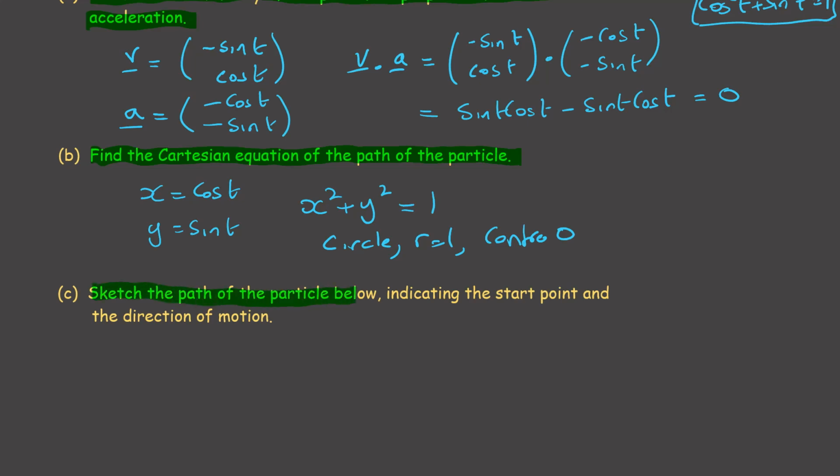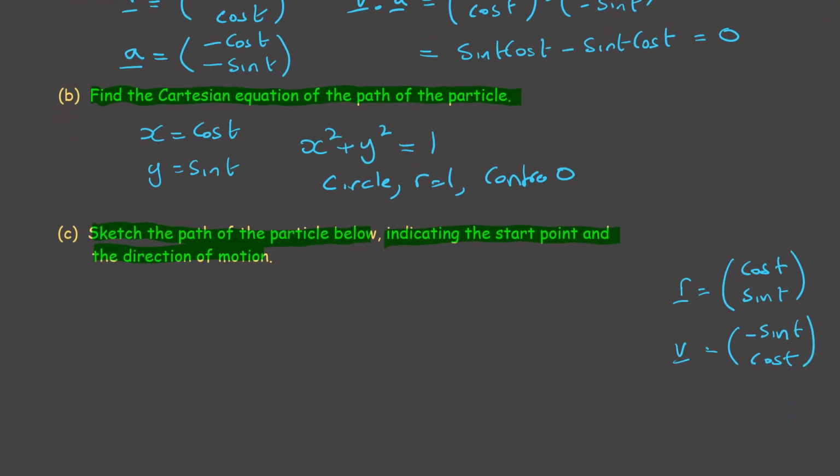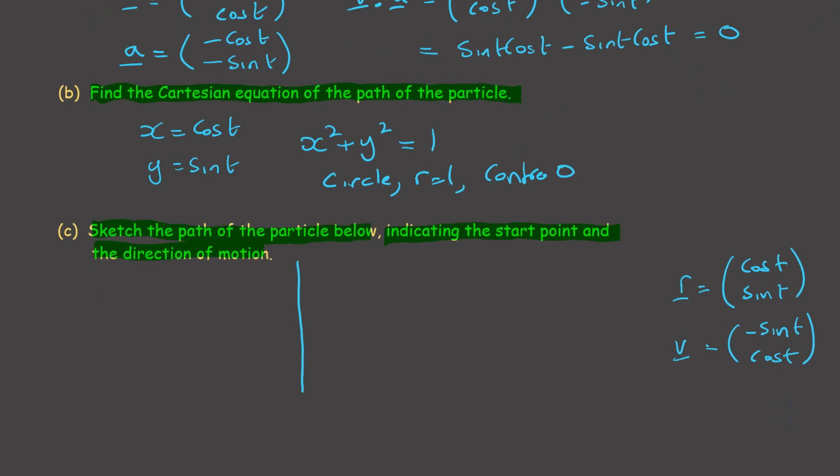Sketch the path of the particle below, indicating the start point and the direction of motion. So let's think about the fact that r was (cos t, sine t), and that v is equal to (negative sine t, cos t). And then what we need to do is draw a circle centered at the origin.